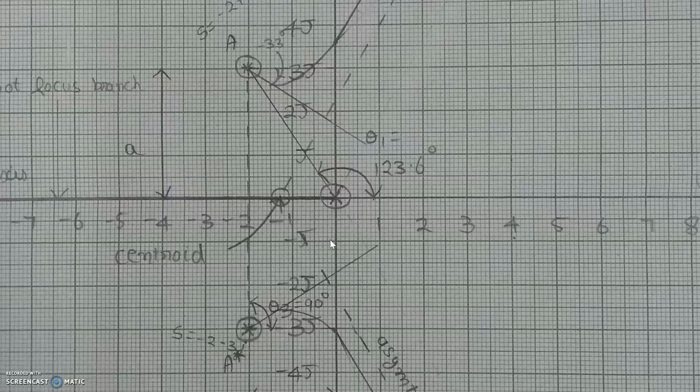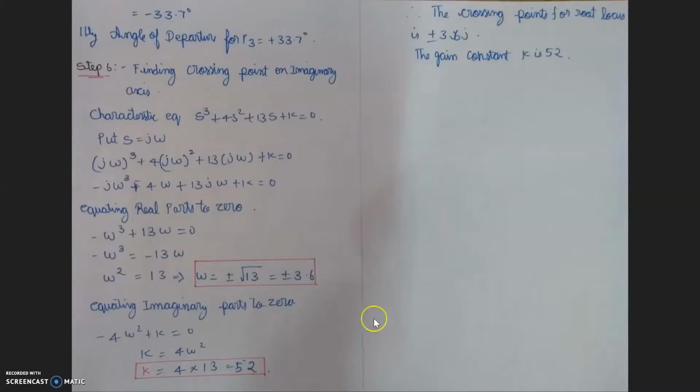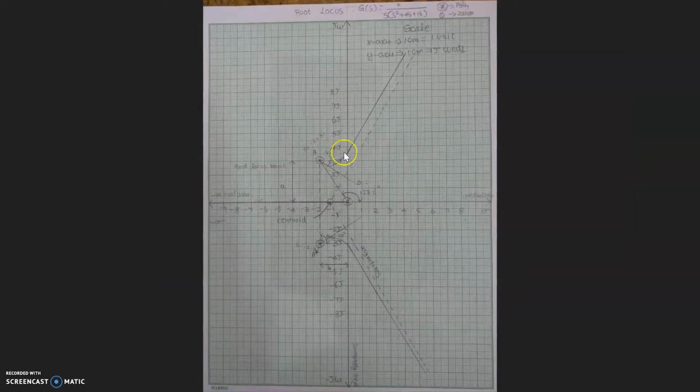The real part value stated that it passes through minus 1.366, right? So here is the value, plus or minus 3.6j. So pole P2 crosses at 3.6j and goes till infinity, making sure that it is parallel to the asymptote line that is drawn here.